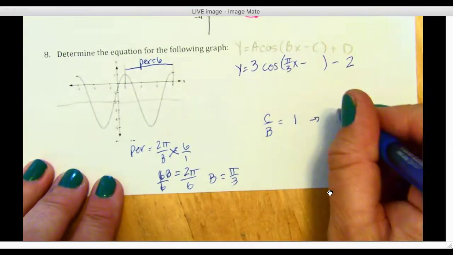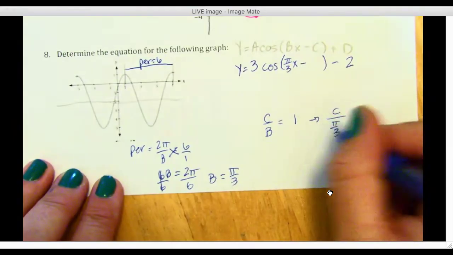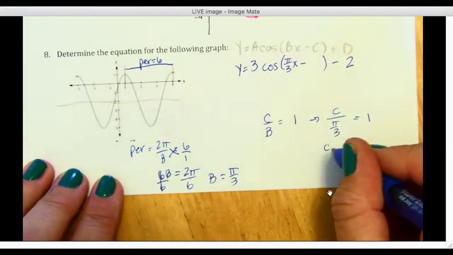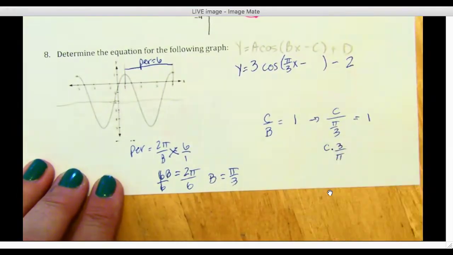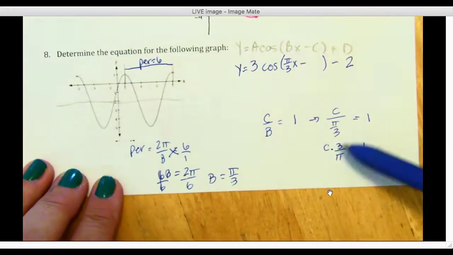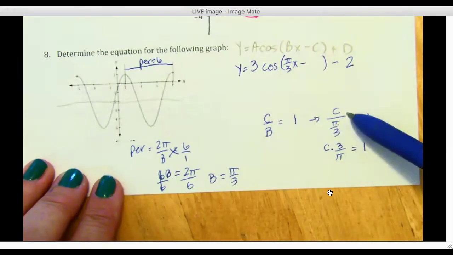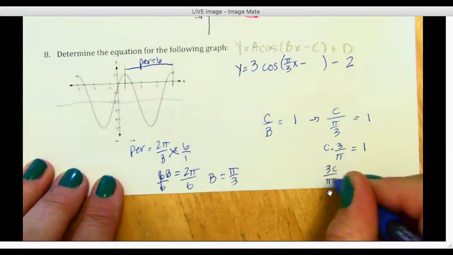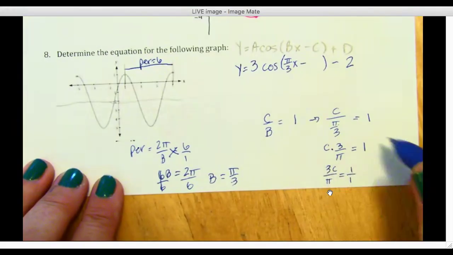So c over pi over 3 equals 1. I can rewrite that as c times 3 over pi equals 1. Now remember, when you divide fractions, you flip the bottom one and change it to multiplication. So that's what I've done here. So I have 3c over pi equals 1 over 1, which is the same thing as 1.